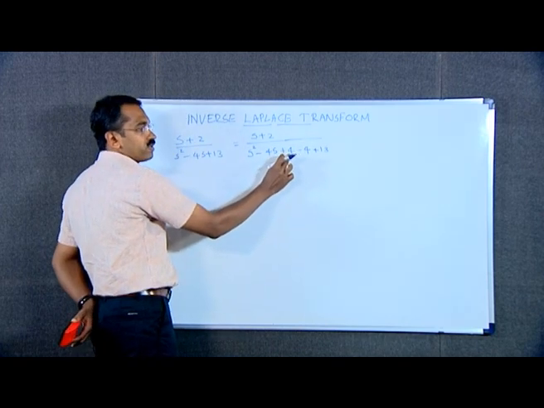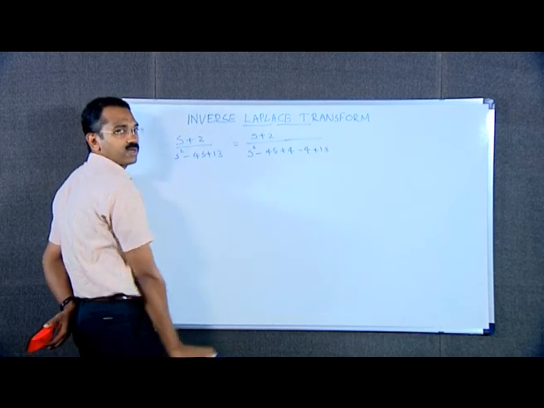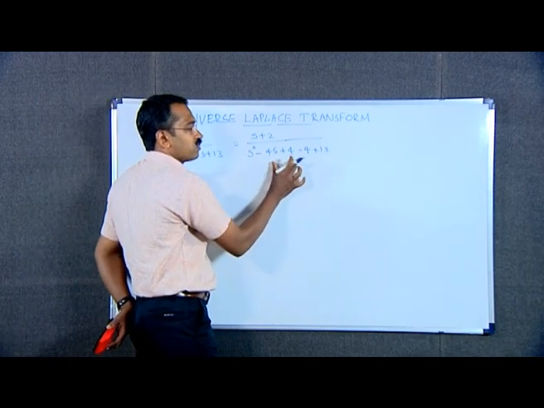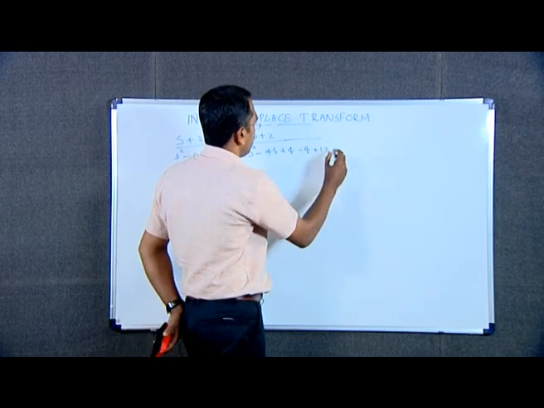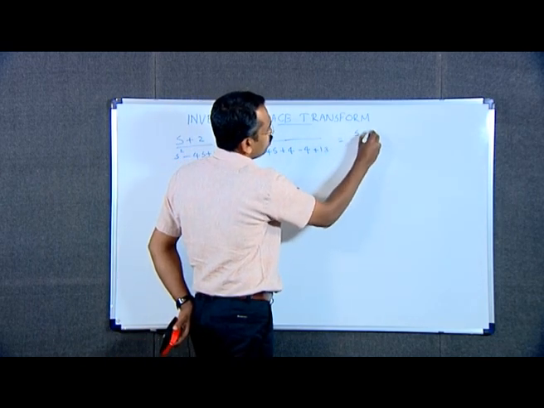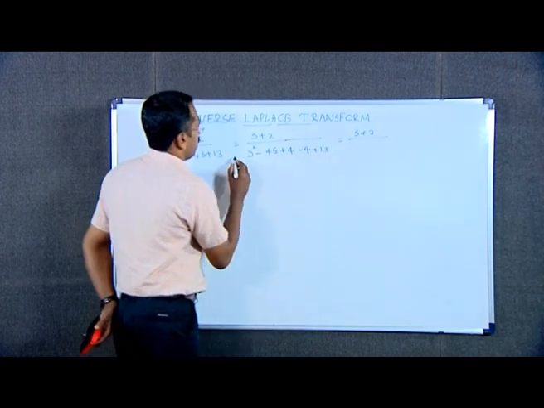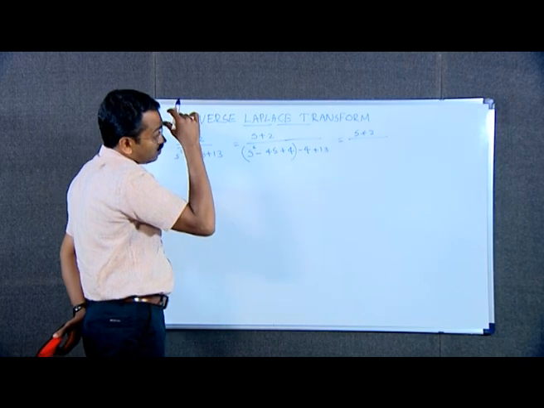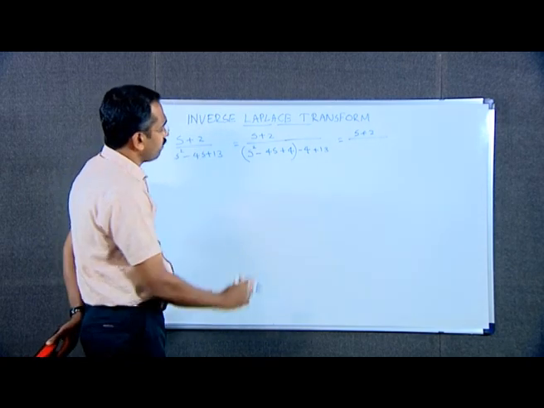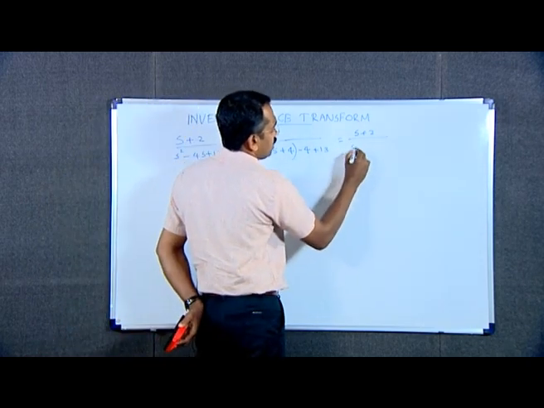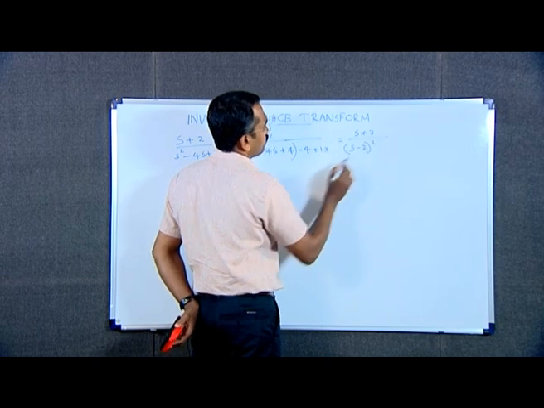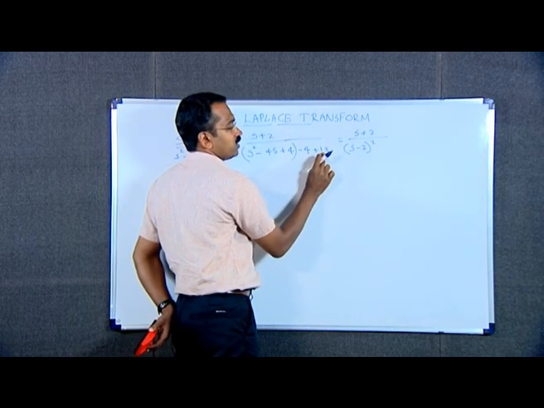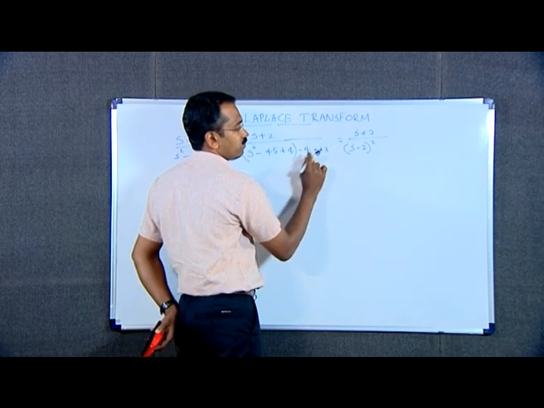We just add 4 and subtract the same in the denominator in order to make the denominator into a perfect square. This is equal to s plus 2 divided by, these three together will become s minus 2 whole square, plus 13 minus 4, which is 9.